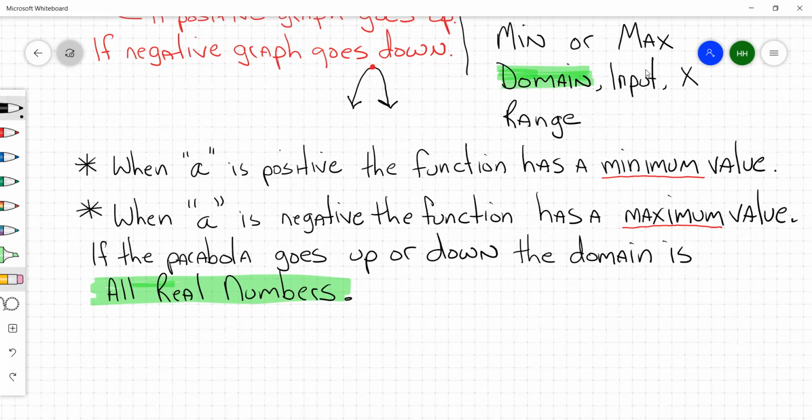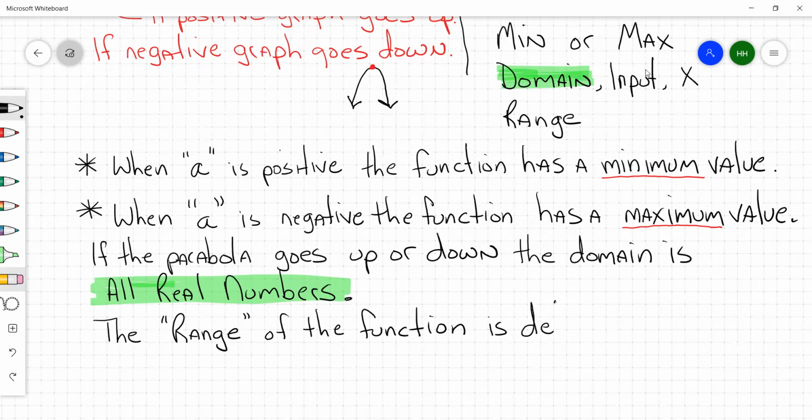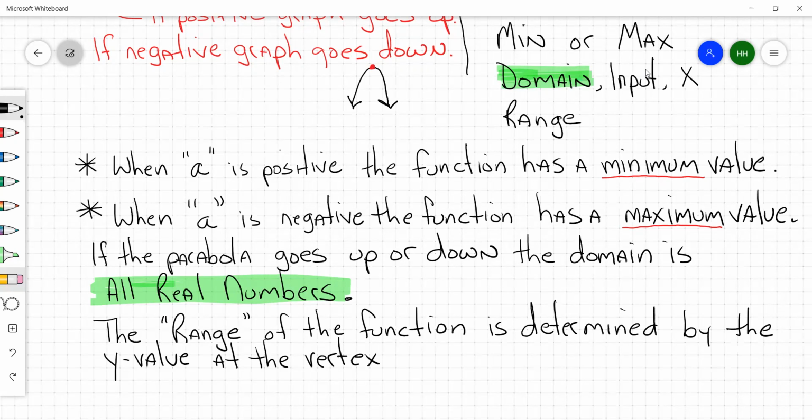Now, the range. When you're asked to identify the vertex, axis of symmetry, maximum or minimum value, the domain and the range of the function is determined by the y value at the vertex and the value of a, and the positive or negative of a.